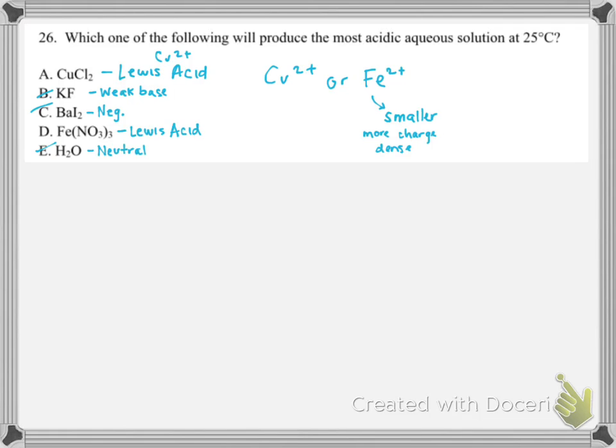Here you'll have more positivity per surface area of this iron ball. Okay, so this will be slightly better at attracting lone pairs. So this will be a better Lewis acid. Okay, so the answer here is D for iron.